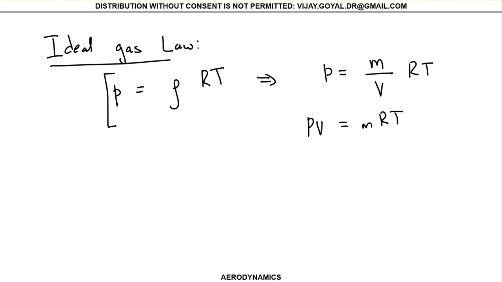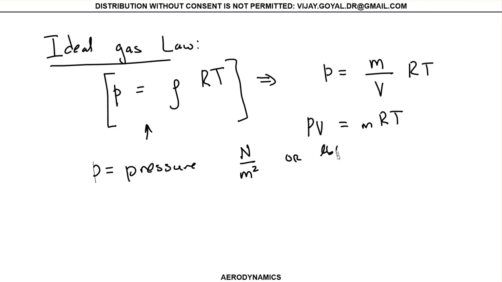In this equation, P is pressure, and the units of pressure are N/m squared, or pound force divided by inches squared.